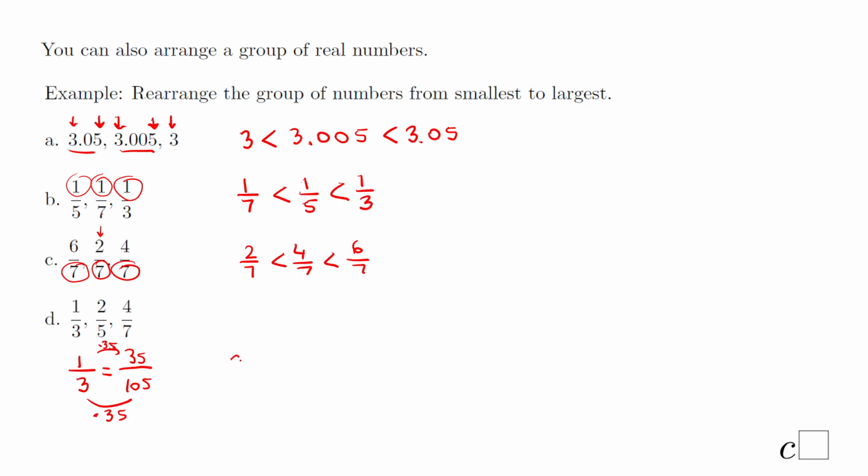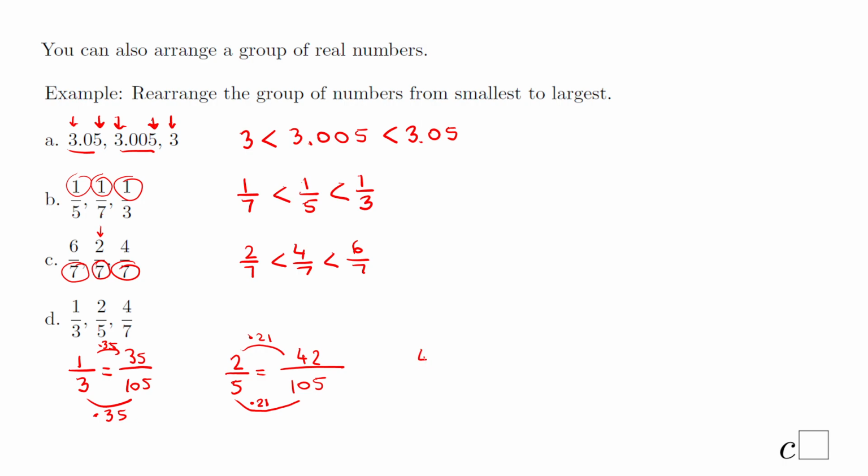Let's move to 2/5. And again, I want to change it to a denominator of 105. 5 times 21 is 105. 2 times 21 will be nothing else than 42. So the equivalent fraction for 2 over 5 is 42 over 105.